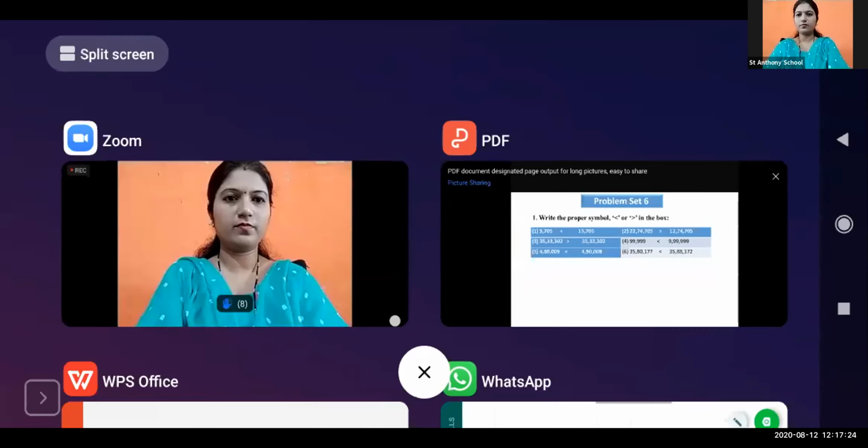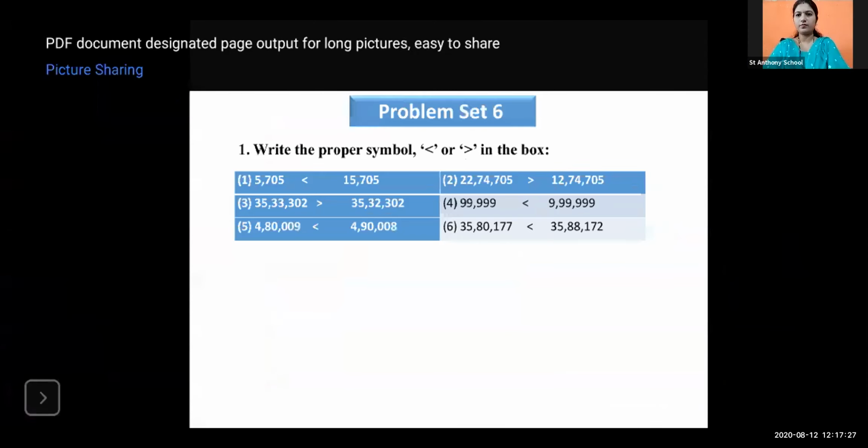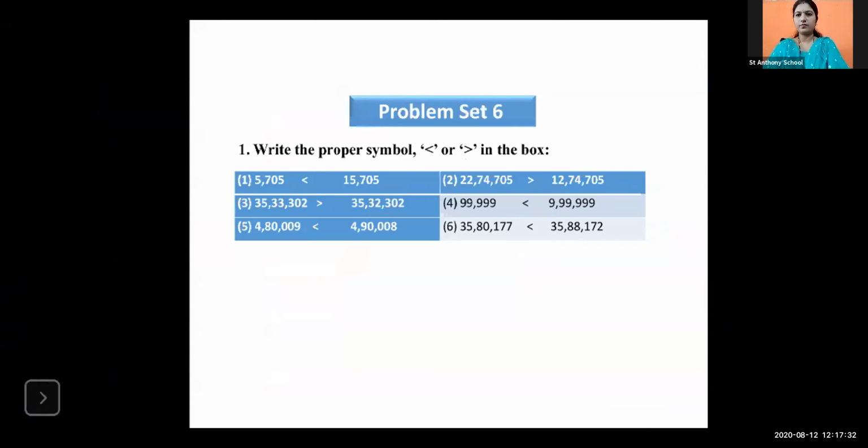I hope I'm visible to people. Okay, so here we are starting problem set 6.